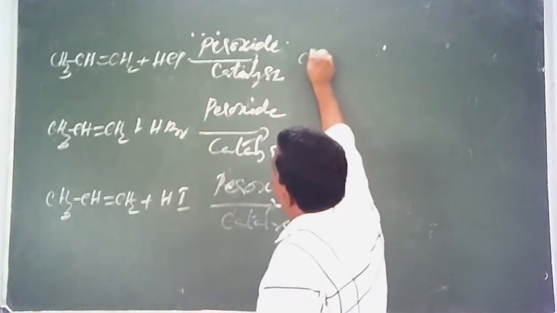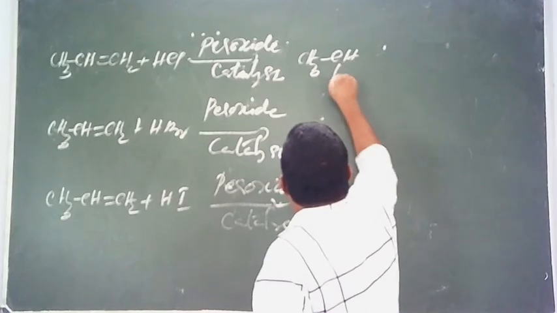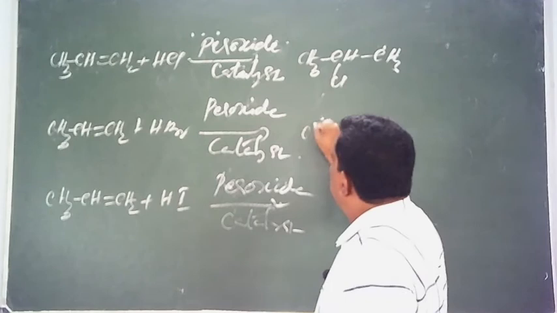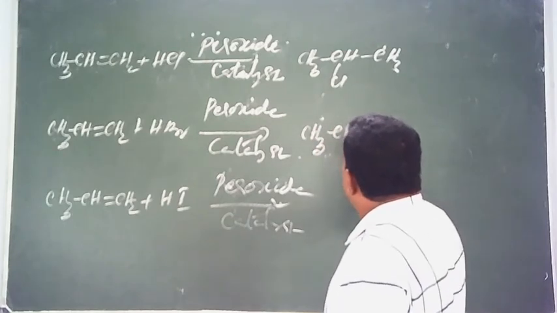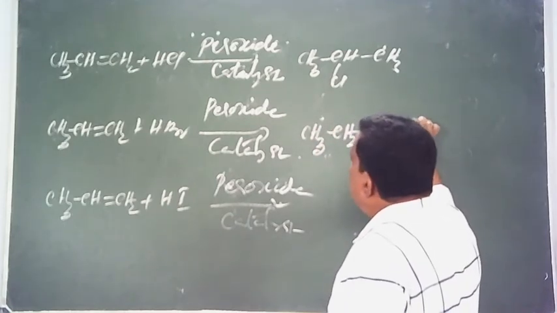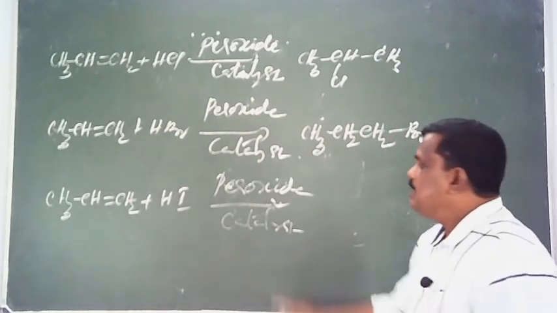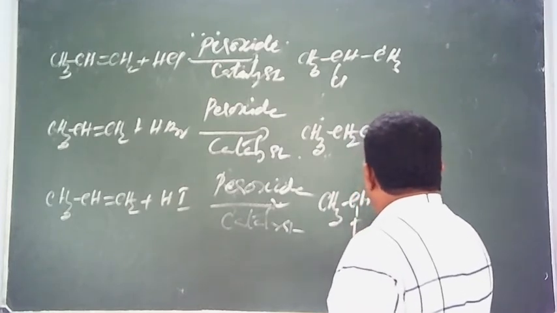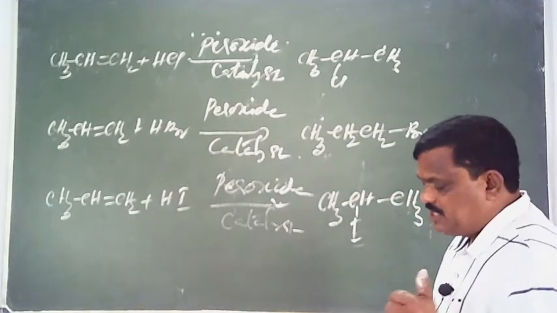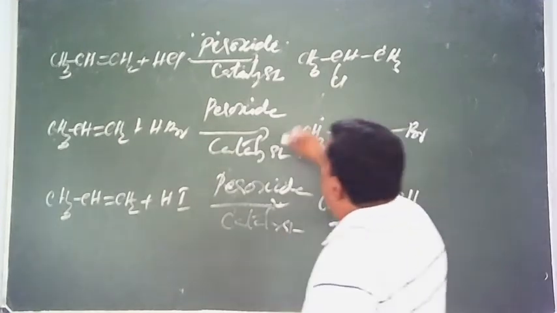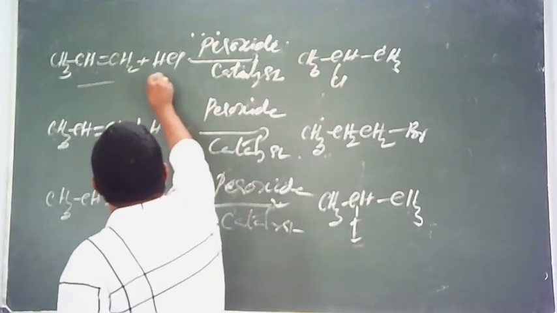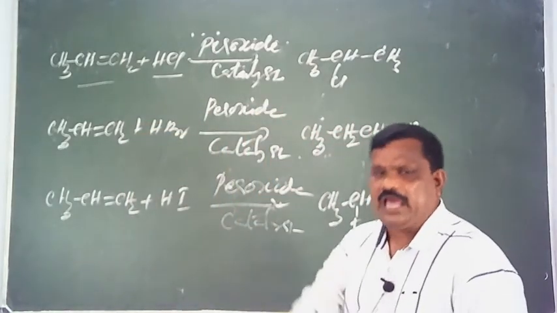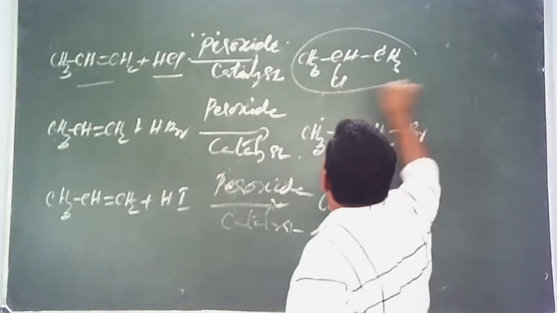Here we get CH3 CHCl CH3. Here we get CH3 CH2 CH2 Br. Here we get CH3 CHI CH3. From this it is very clear that propene reacts with HCl in the presence of peroxide or even in the absence of peroxide and gives the same product.